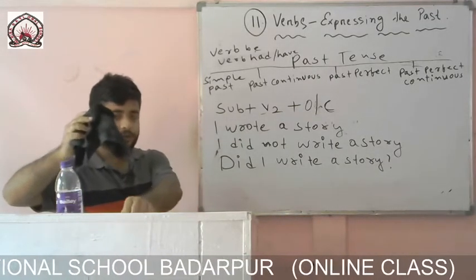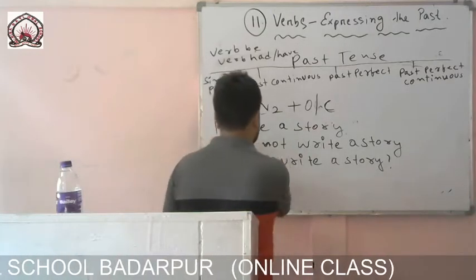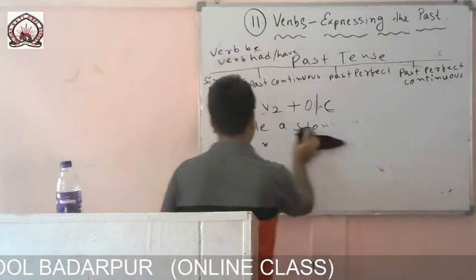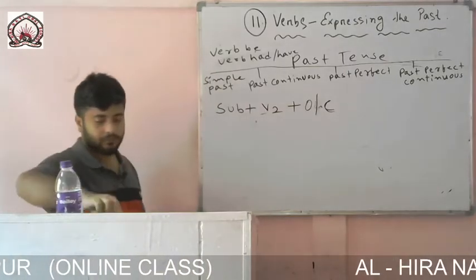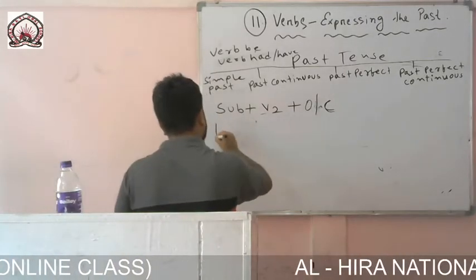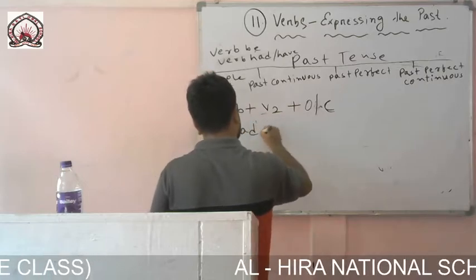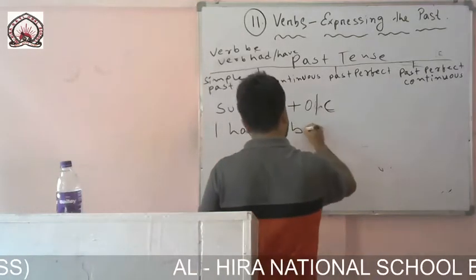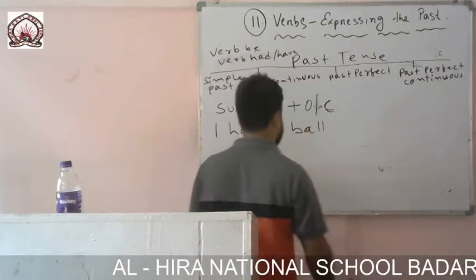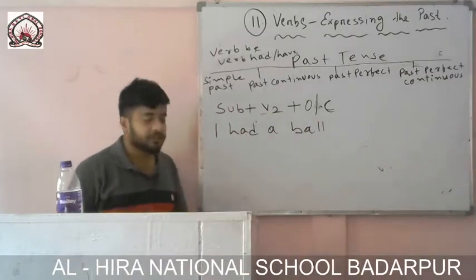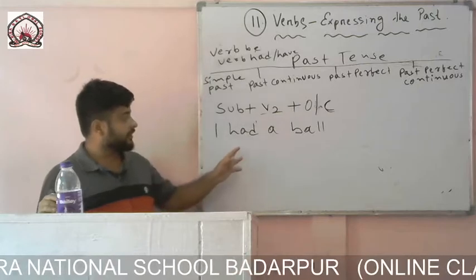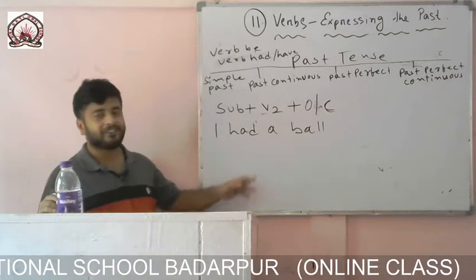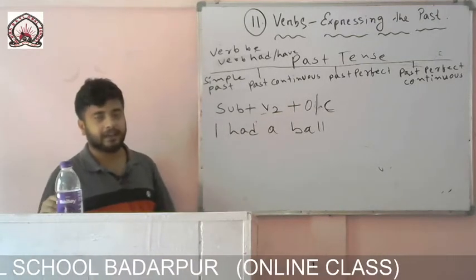For example, as I already told you, I had a ball. This is a sentence of simple past, and I have written this sentence with the help of the verb "had."